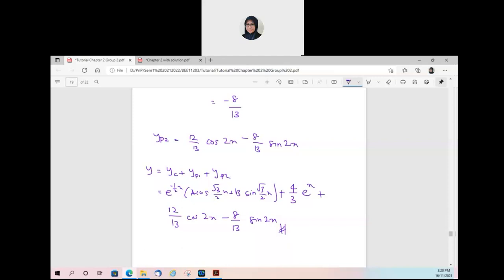You tak payah cari because dia tak bagi initial condition kan? Kalau tak ada initial condition, A dan B tu you just biar je. You cari C, D dan seterusnya je. Kalau diberi initial condition, baru awak cari.